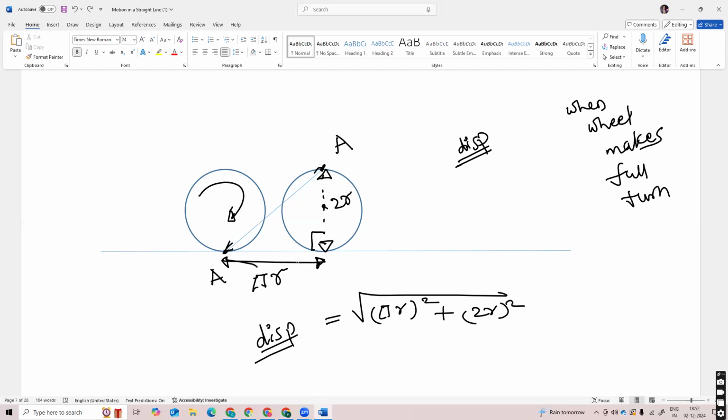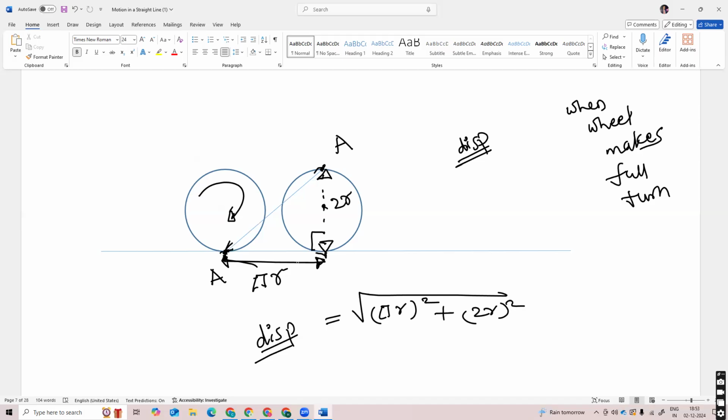Initially it is at this point, and now this wheel has made a half turn. So when it makes a half turn, point A will go to the top, and since it is moving, it will cover some distance.